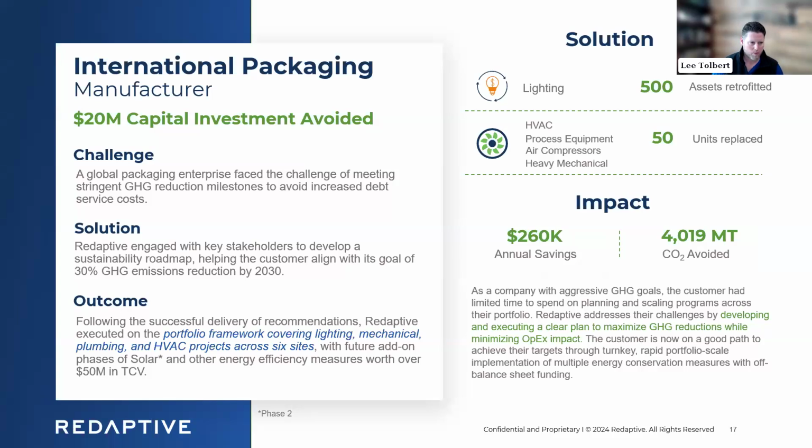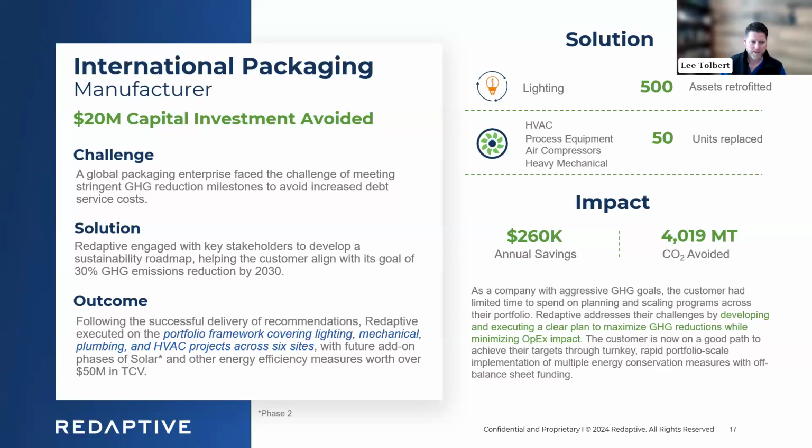And what you'll see here is this is a packaging manufacturer, and the enterprise had a challenge of meeting very, very specific and near-term GHG and carbon reduction goals that they simply didn't have the capital to do.